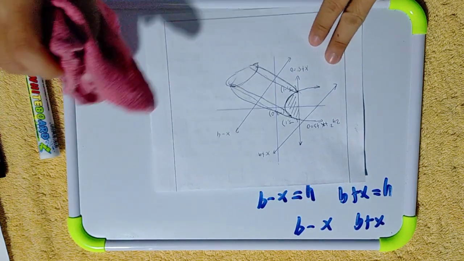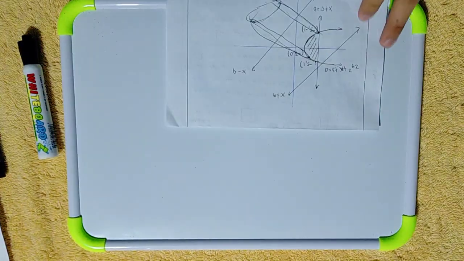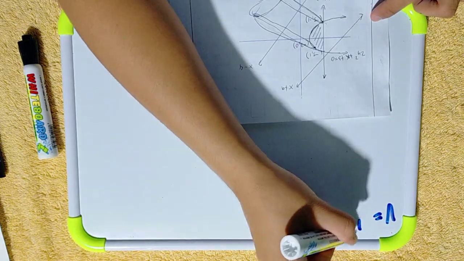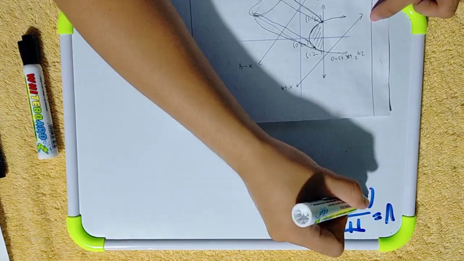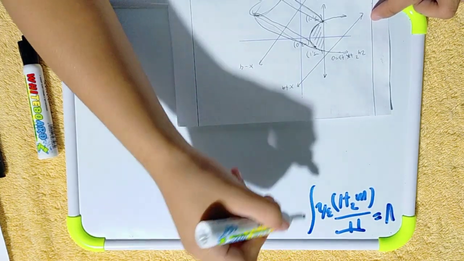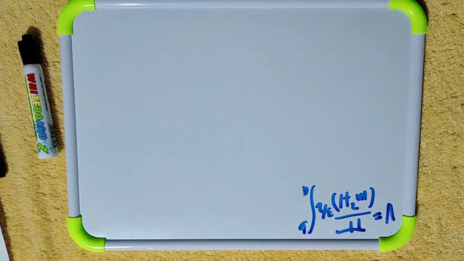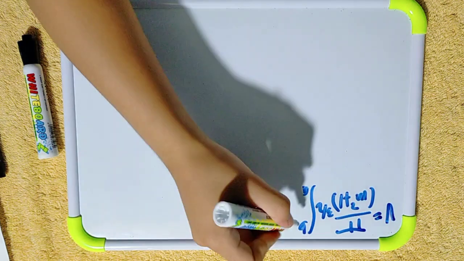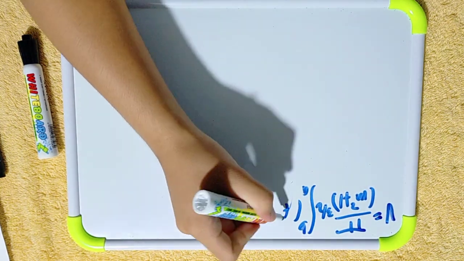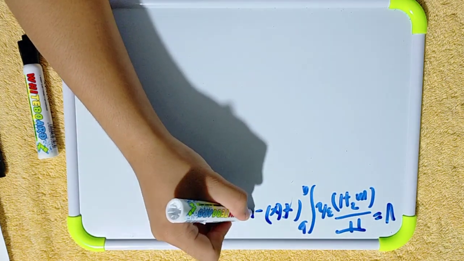Hanggang sa nalaman ko na formula pala doon is, volume is equal to pi all over m squared plus 1 raised to 3 halves times the integral of a to b of f prime of x, f of x minus mx.